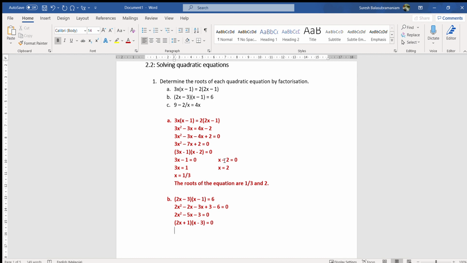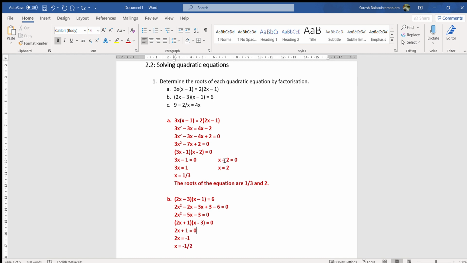So the term from the first bracket should be 0: 2x + 1 = 0, 2x = -1, x = -1/2.